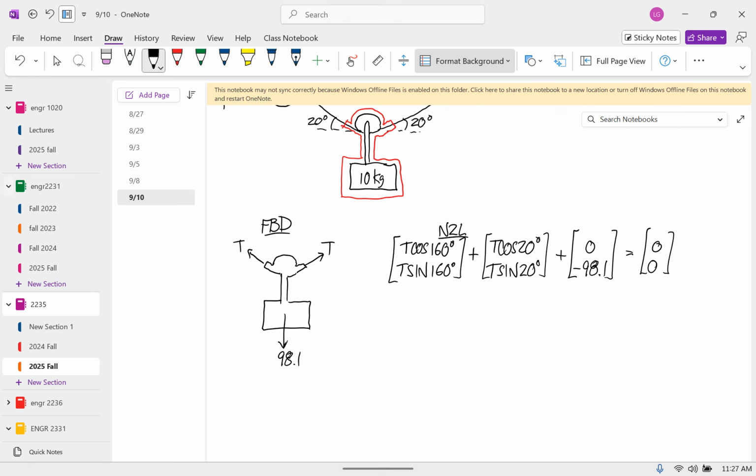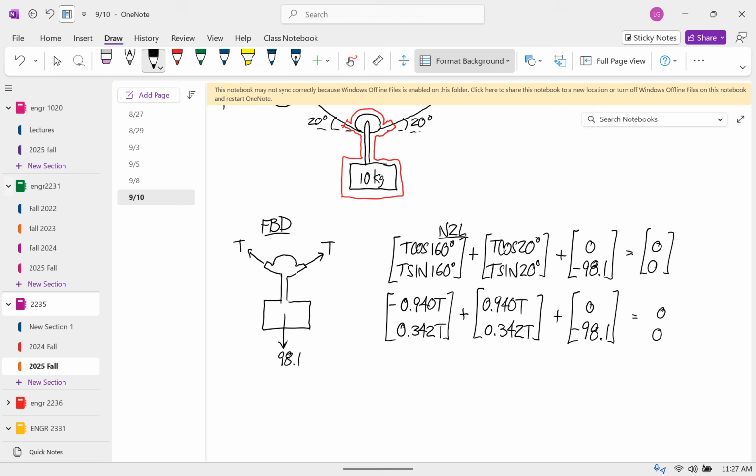Plug in those sines and cosines, and you get negative 0.940 T, positive 0.342 T, plus 0.940 T, 0.342 T, plus 0, negative 98.1 is equal to 0, 0.